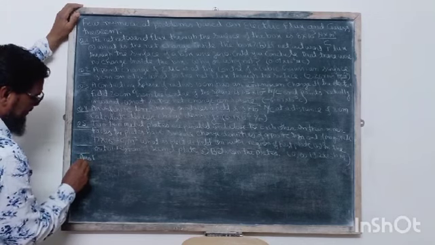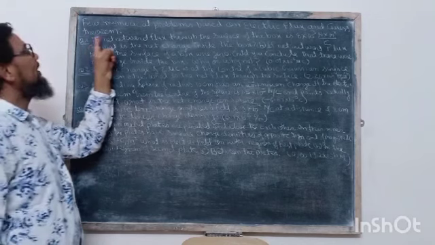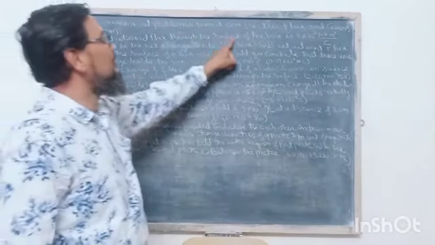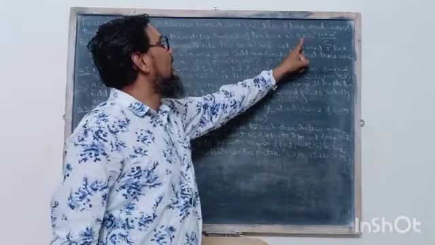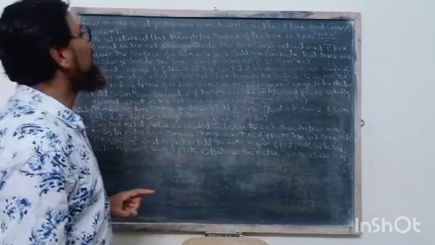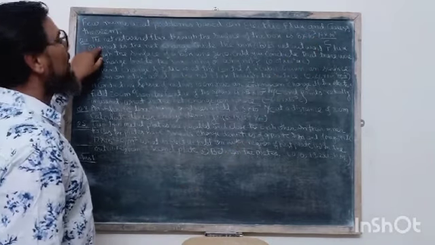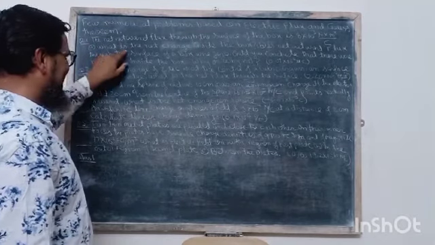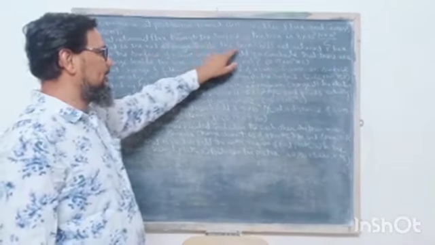Answer 1. The question is: the net outward flux through a surface of a box is 8 into 10 raised to the power 3 Newton meter square per Coulomb. What is the net charge inside the box?